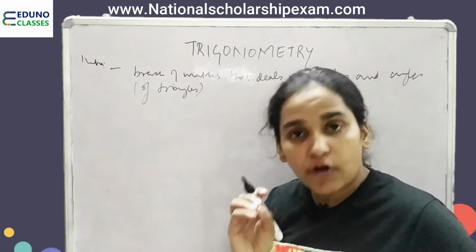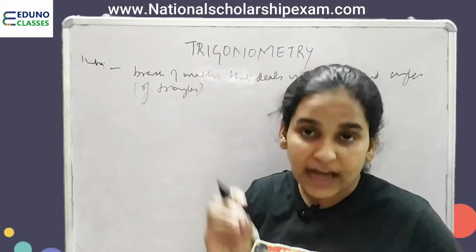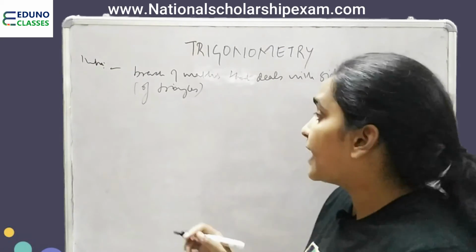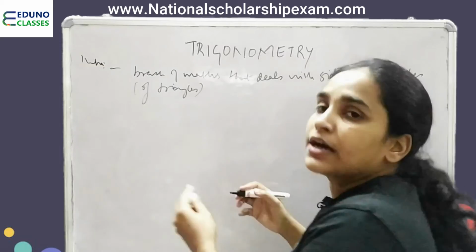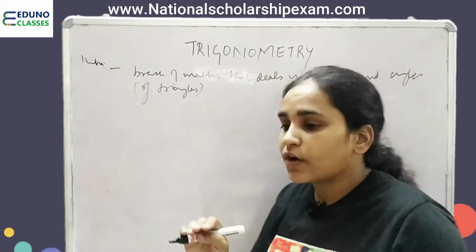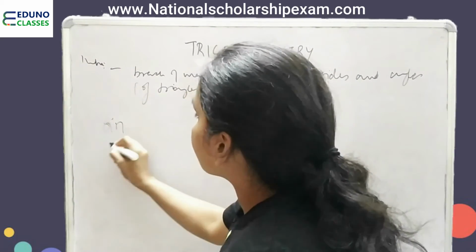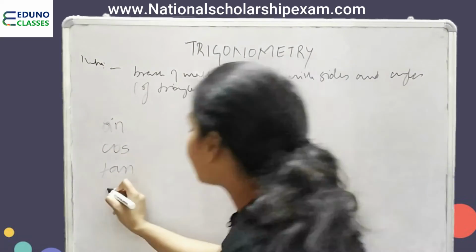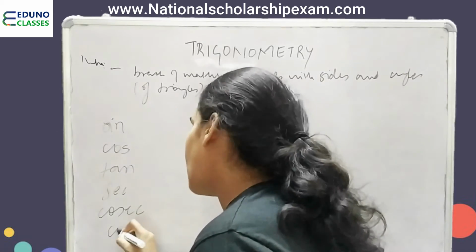Now we have certain formulas. We have to understand those formulas as well. We just need not mug up, but we have to understand. First we will figure out what all we have to study, and then definitions, use, why, what, when, everything. The first formulas you have seen in your book must be of sine, cos, tan, sec, cosec and cot.